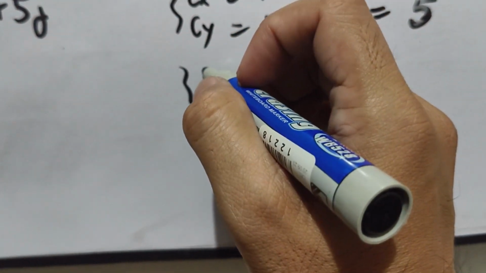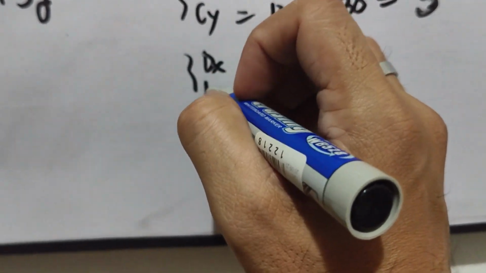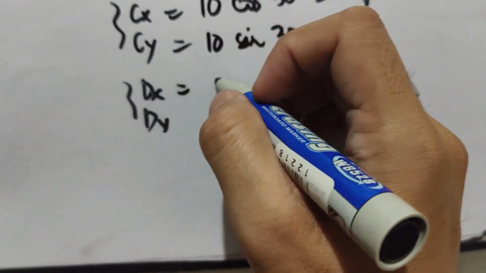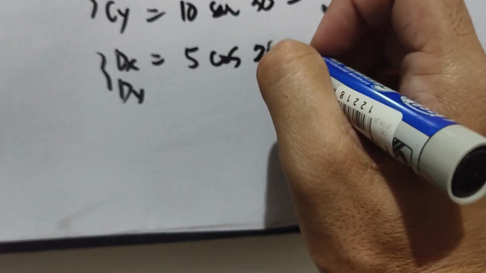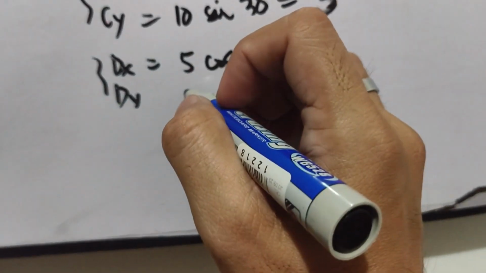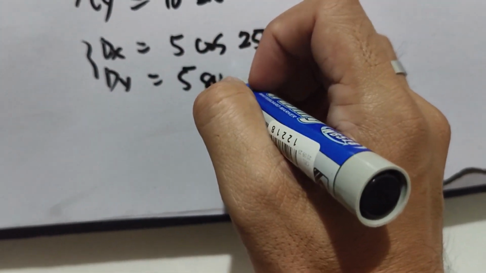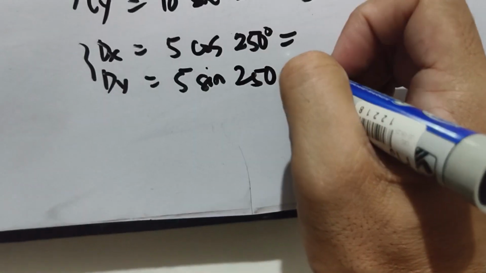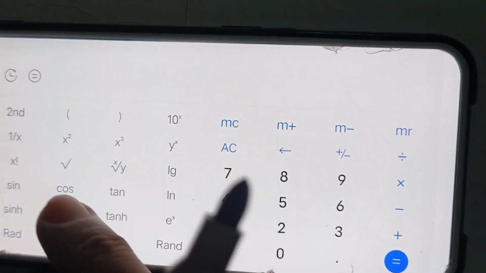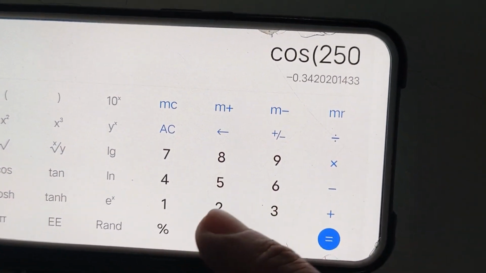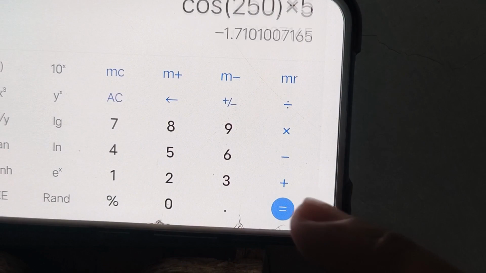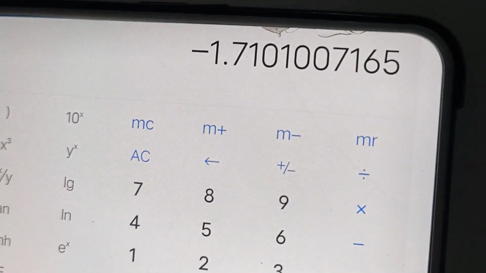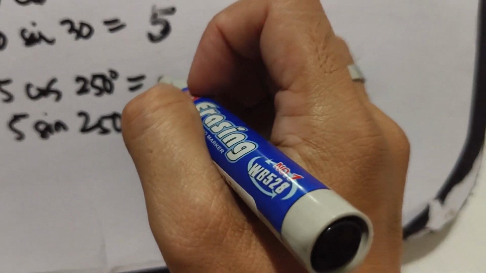And lastly, we have vector D. Again, getting the components, Dx and Dy are equal to 5 cosine of 250 and 5 sine of 250. So let's calculate cosine of 250 times 5. It's negative 1.71 or negative 2.